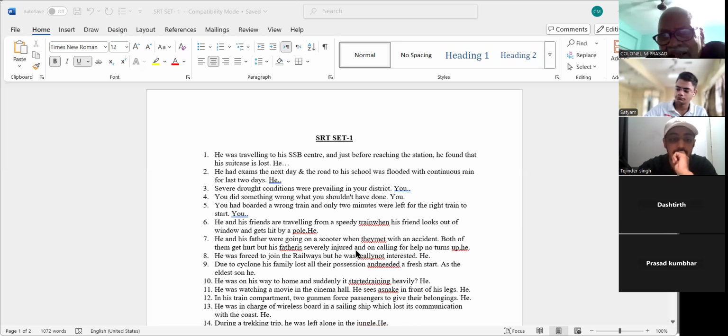You had an exam the next day and the road to your school was flooded. Then what did he say? He had an exam the next day and school. So you are a school going child. Normally, except for a big city like Delhi where you have to travel 20 or 30 kilometers to school, in the rest of the places schools are nearby.